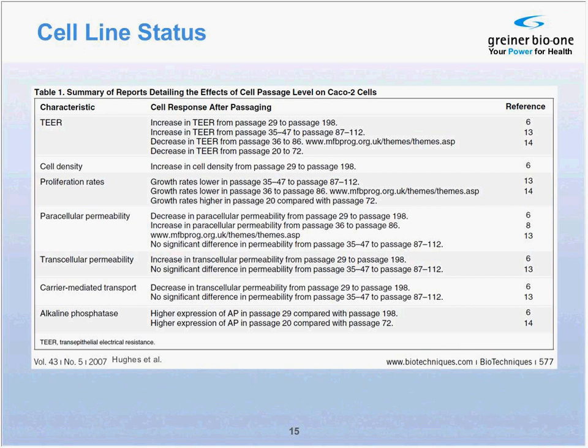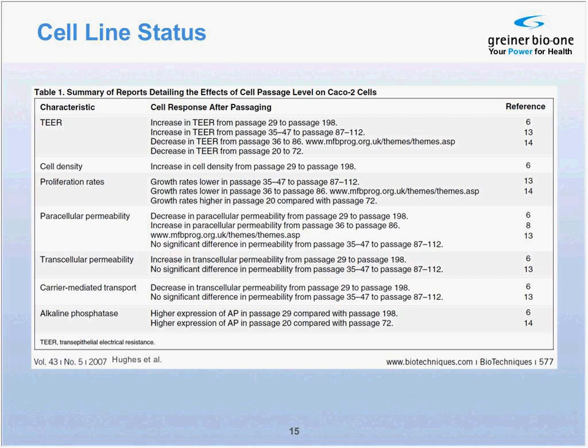The fact that the cells can grow endlessly doesn't necessarily mean that one doesn't have to care about passage numbers. In fact, there are various reports highlighting the differences regarding cellular functions between different passage numbers. Shown here are examples of cellular functions such as polarization or permeability affected by passage number of Caco-2 cells.